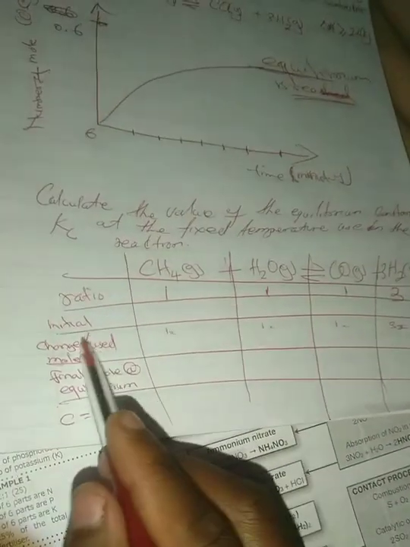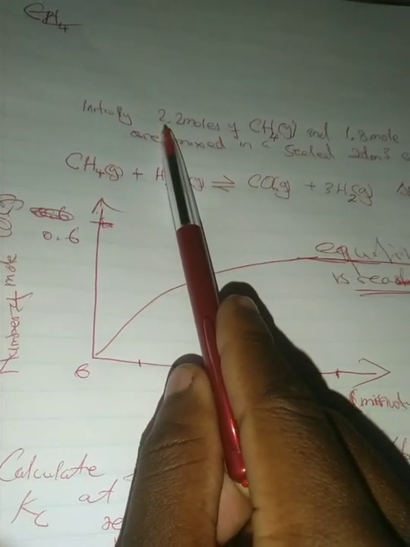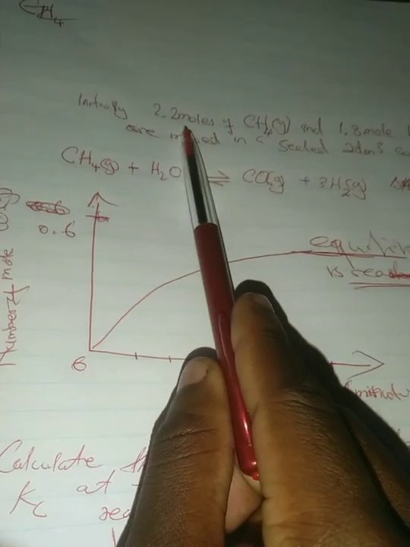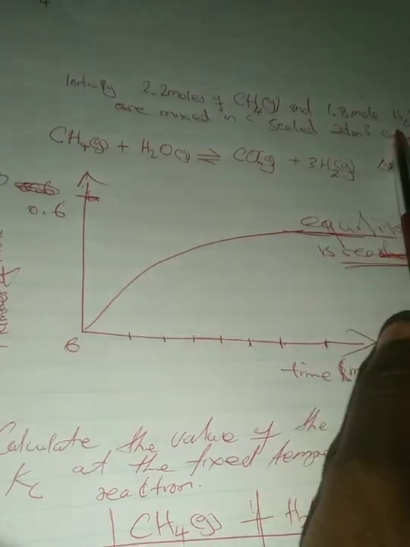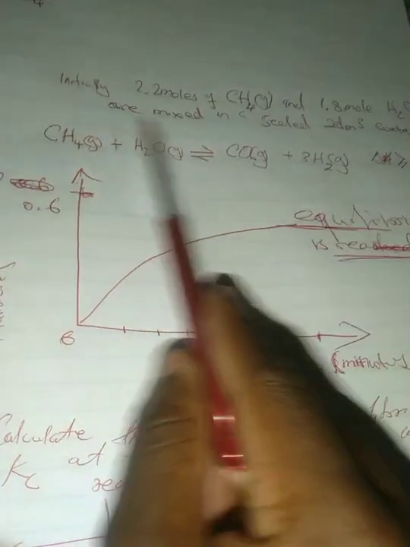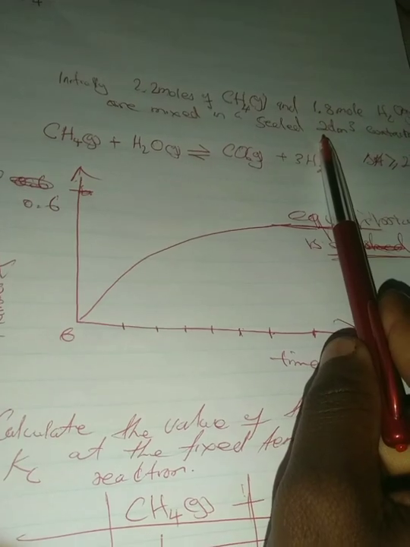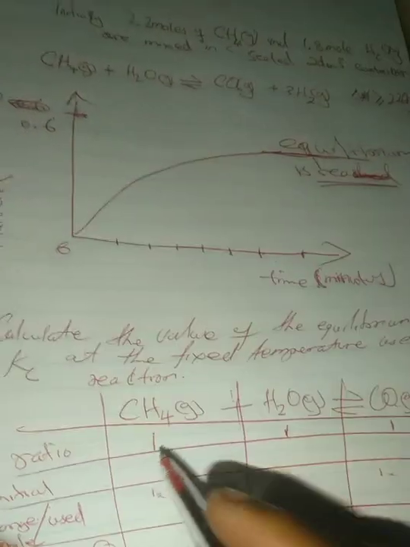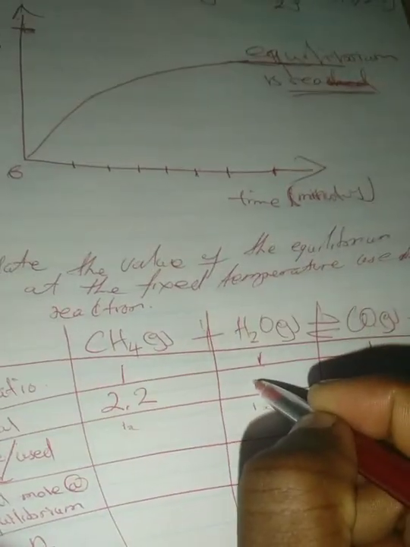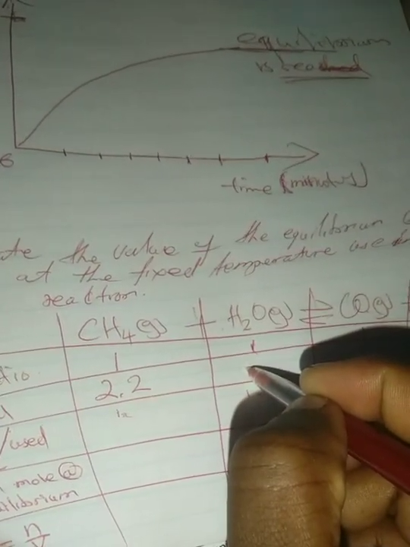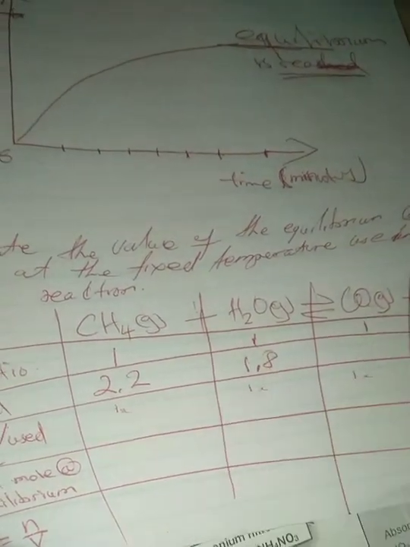From there I go to the question. It said the initial moles of 2.2 of CH4 and 1.8 of H2O are mixed in a sealed 2 cubic decimeter container. So initially I have CH4 which is 2.2, and water which is 1.8.